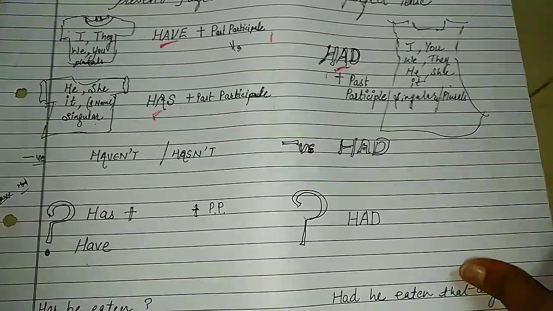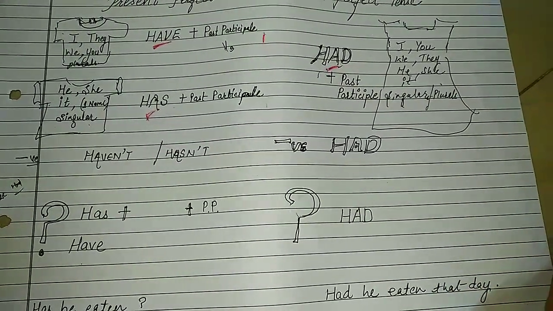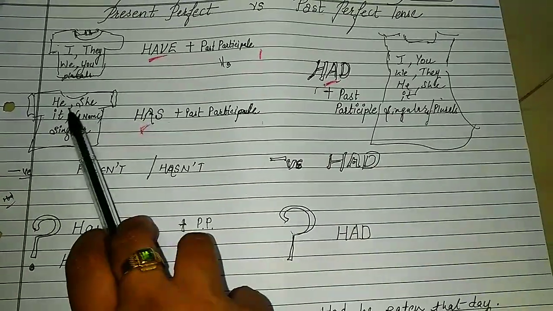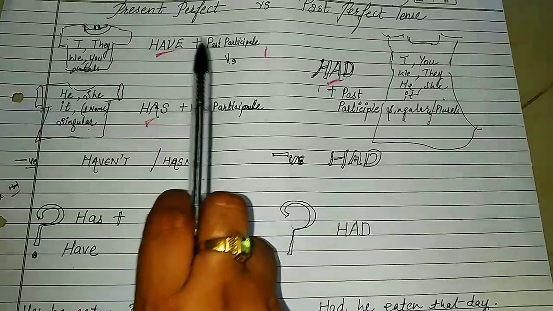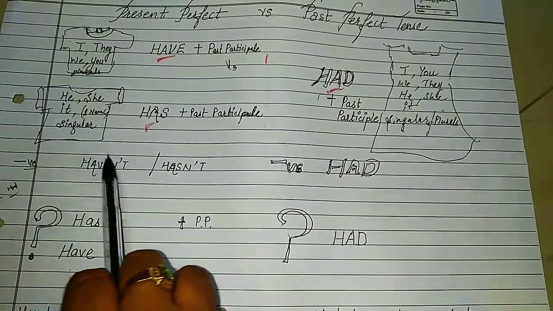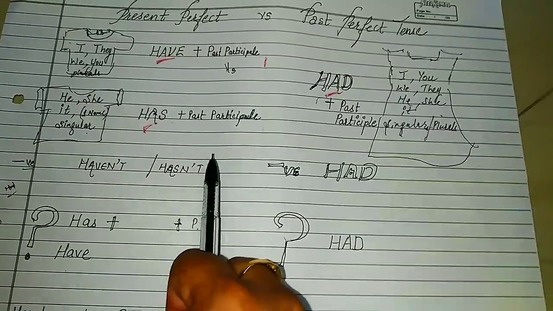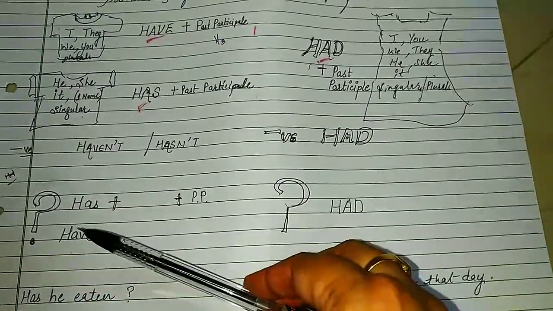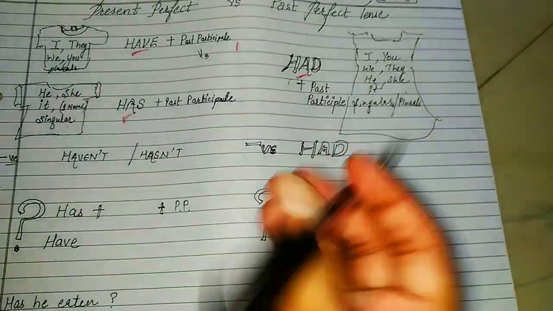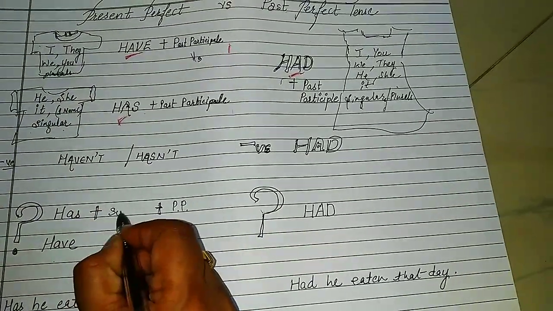So now, what if you have to make a negative sentence? Just take a sentence. Here we have has. He has slept. He has slept. He hasn't slept in the negative, and if we have to make a question, then we just use has first, then the subject.